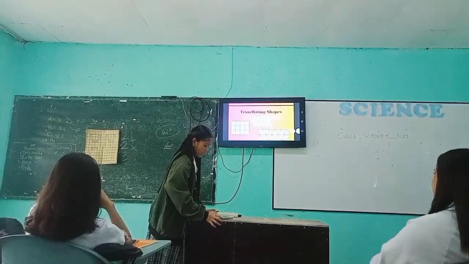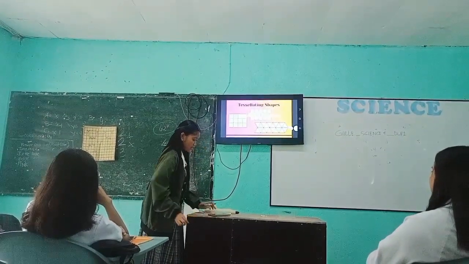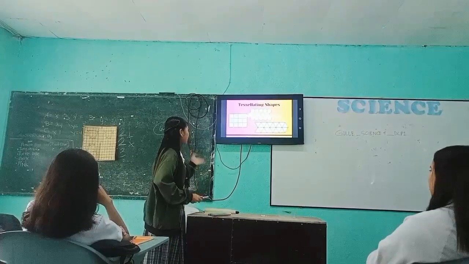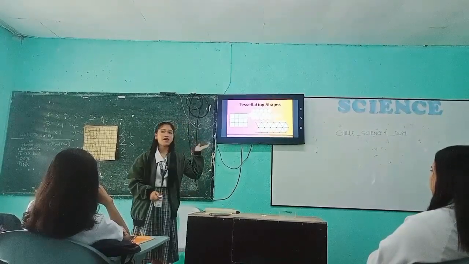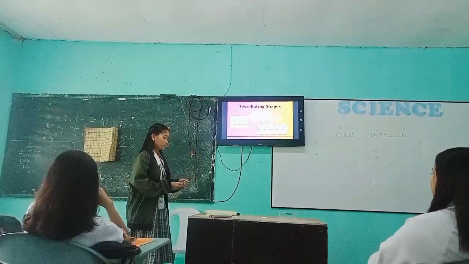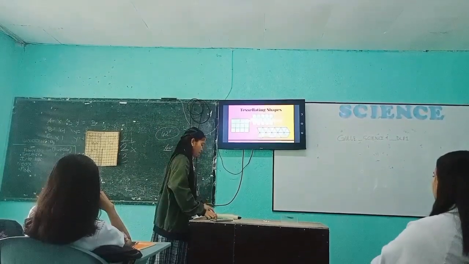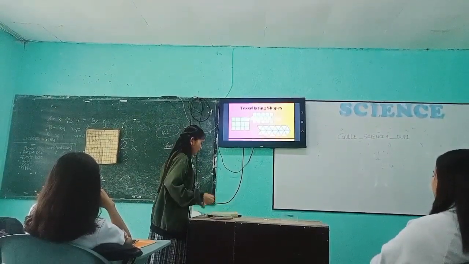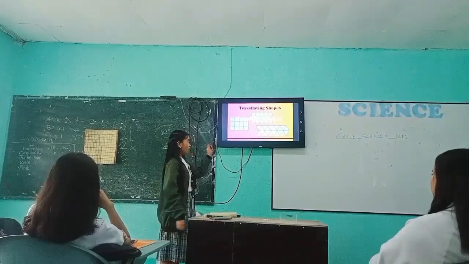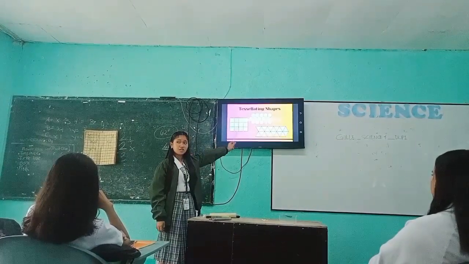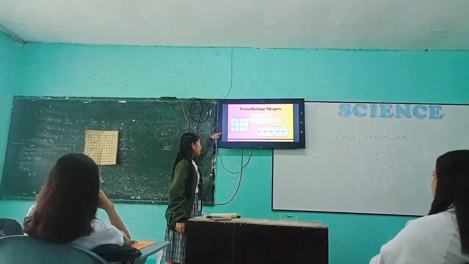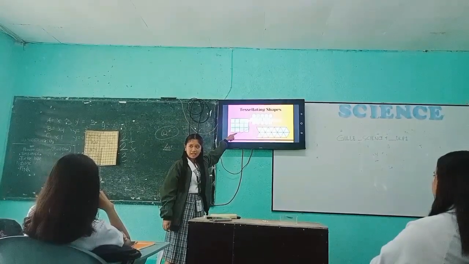Okay. Tessellating the shapes. So here are the examples. The squares. So as you can see, the pattern of square is a translation of shape horizontally and vertically.